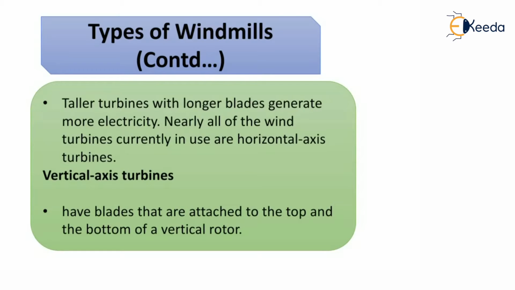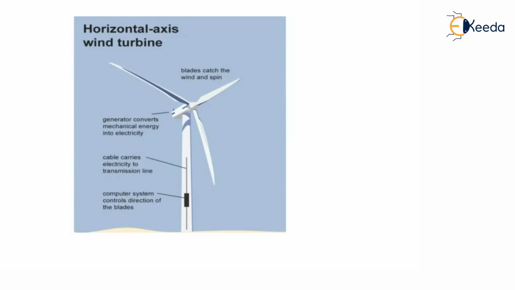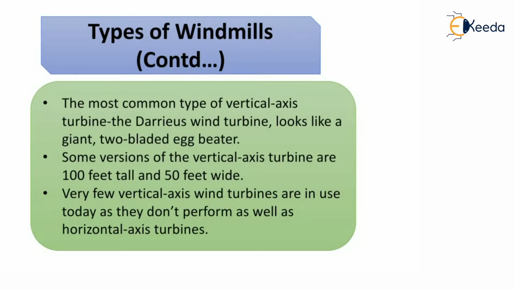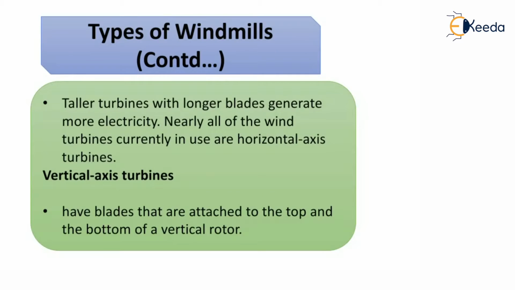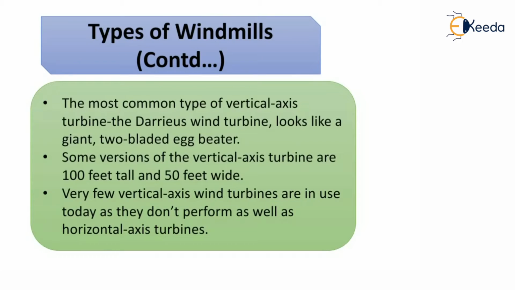Now the vertical axis turbine. They have blades that are attached to the top and the bottom of the vertical rotor. So this is the image of the horizontal axis wind turbine having three blades and a shaft. Types of windmill again. So this is the vertical one, the vertical axis turbine.